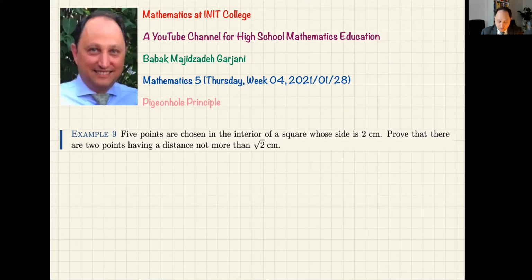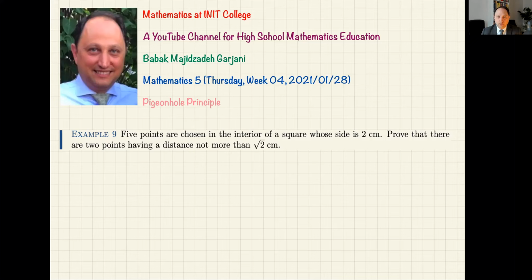Prove that there are 2 points having a distance not more than square root of 2 centimeters. I think this problem needs the same type of reasoning, but it is a little bit simpler than the previous one. So let us solve this one and then we go back to the previous one.